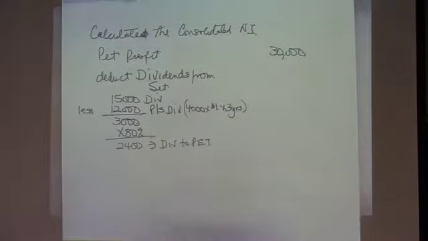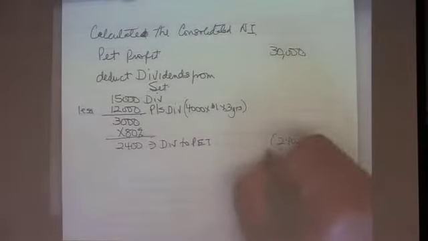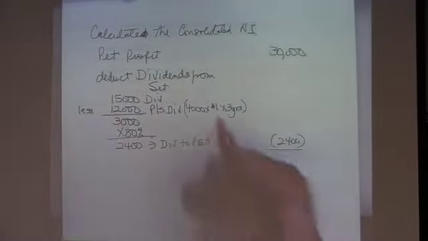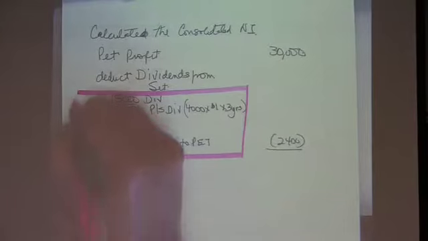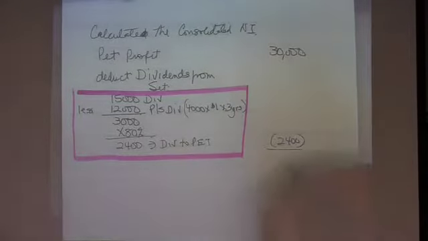So that's why I am taking away 2,400. Okay, so this is an important calculation because we need to figure out how much of the dividends we need to deduct from SET, right? And that's what we need. Okay?